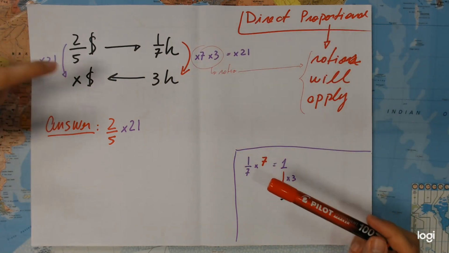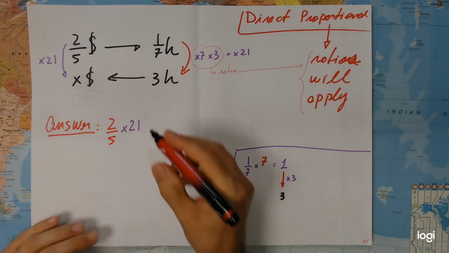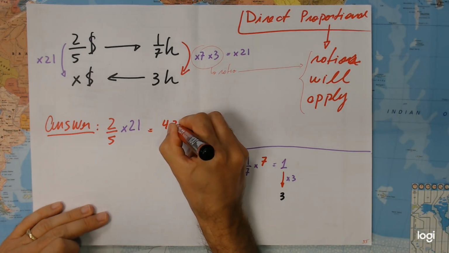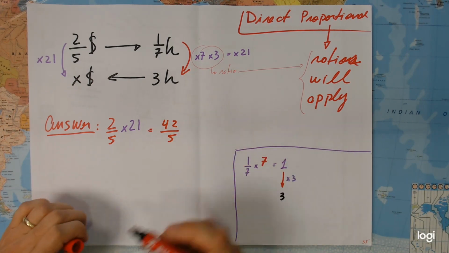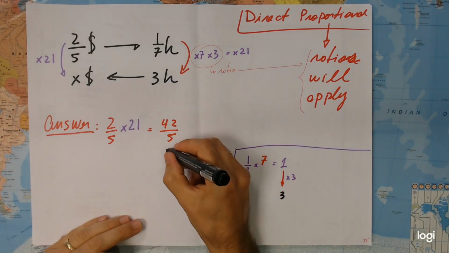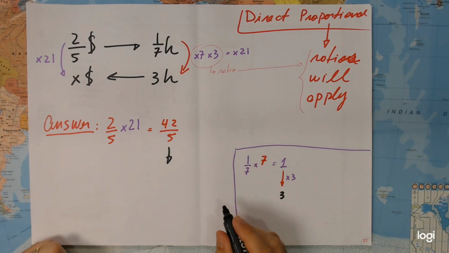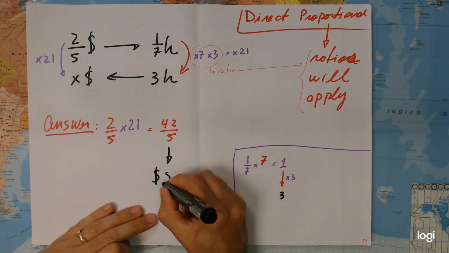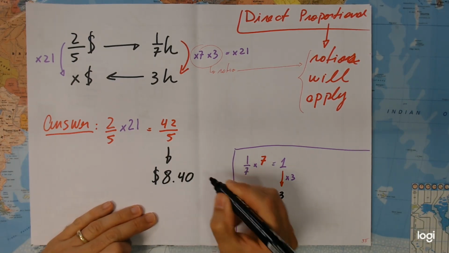Ratio is 21. So this is 42/5. This is just math, okay? When you go back to the problem, this is not 42/5. This is actually money, and this means $8.40.